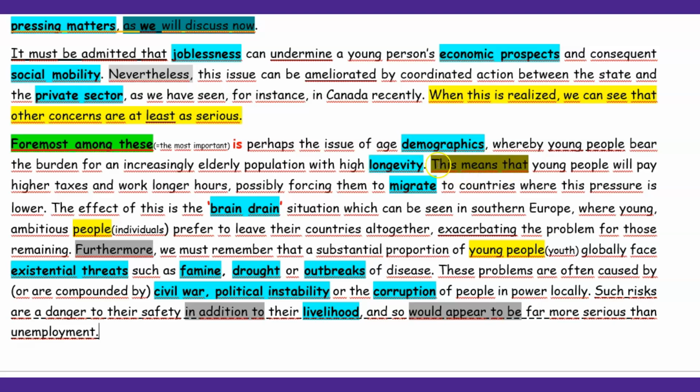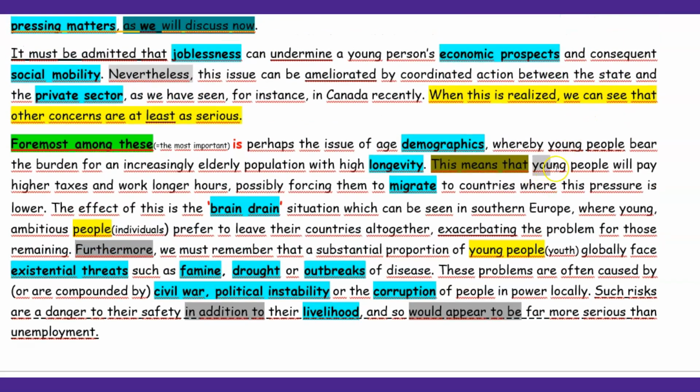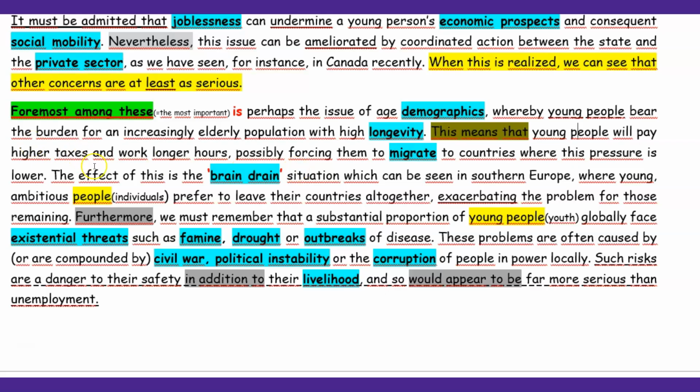By this we mean that young people, instead of repeating the same vocabulary, we can say young individuals will pay higher taxes or work longer hours, possibly forcing them to migrate to countries where this pressure is lower.